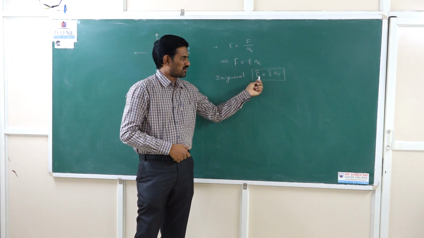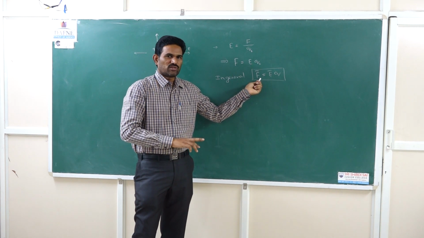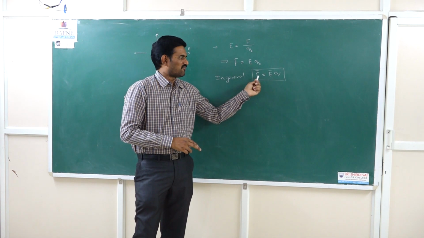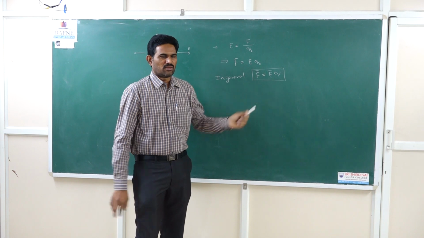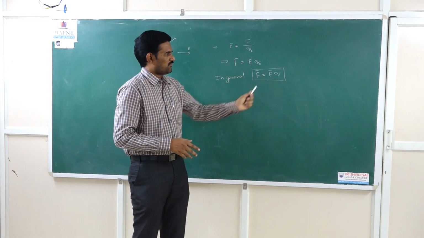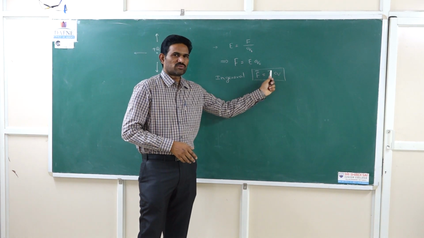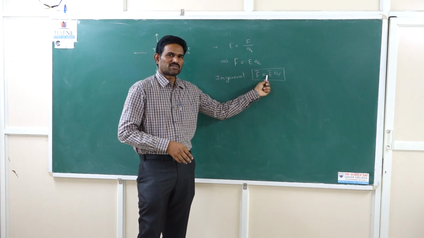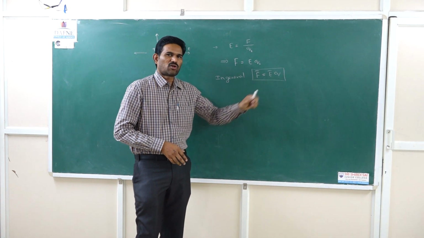That means both vectors have the same sign, so E bar and F bar will be in the same direction. And if the charge is negative, then here you will get a minus sign, and so F bar and E bar are opposite to each other.